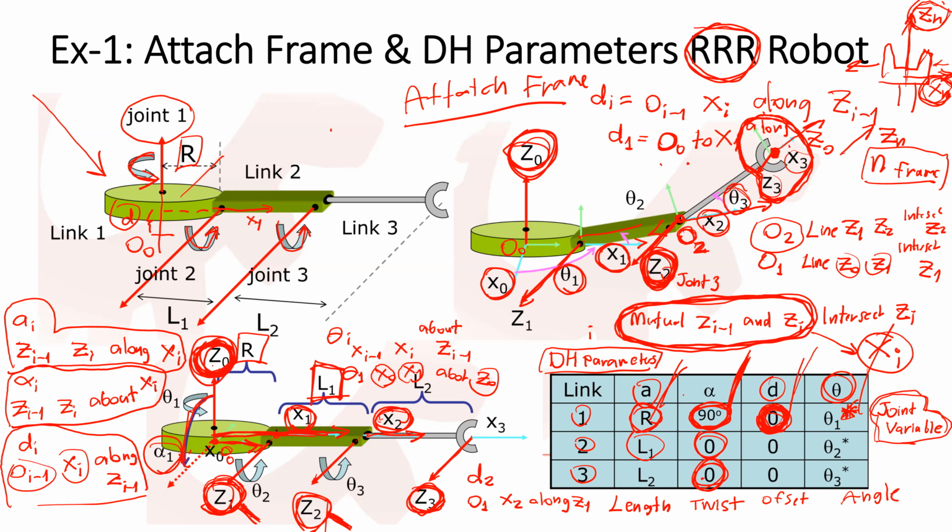I mean, O1 is this point. X2 lies on O1. I mean, O1 and X2 intersect. It means O1 is on the line of X2. So when we measure the distance along C1, the offset will be 0.